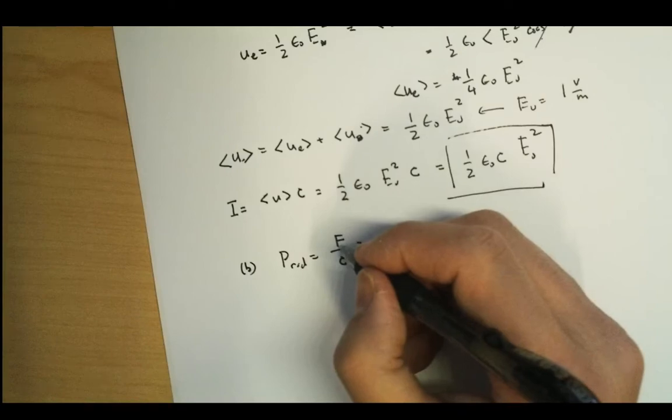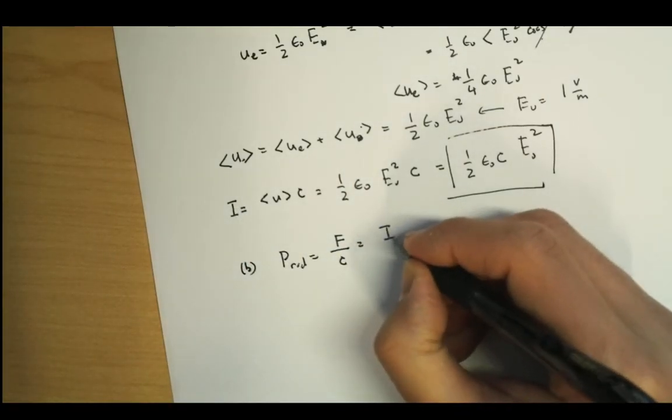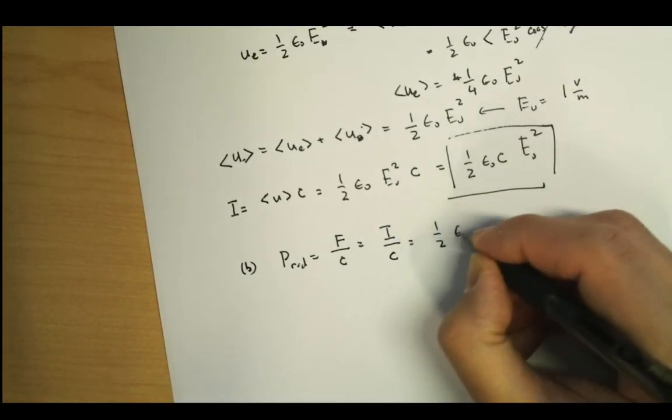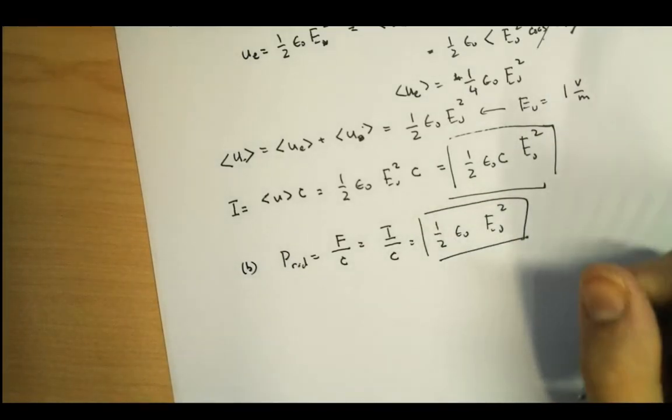This flux is usually integrated over angle for I. So you could think of this as basically I over c. And so that's simply 1/2 epsilon 0 E0 squared. Okay, so hopefully that was helpful.